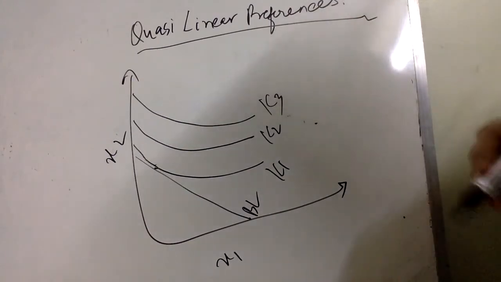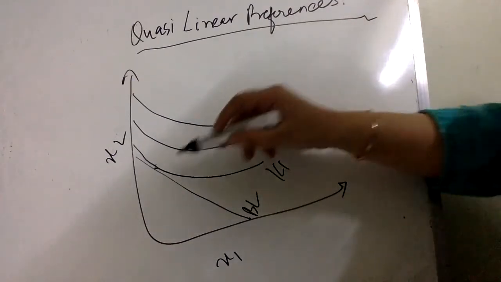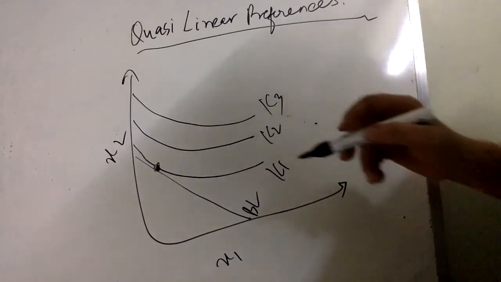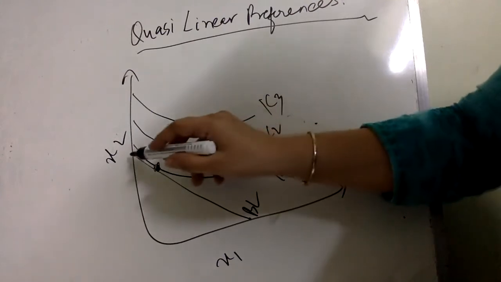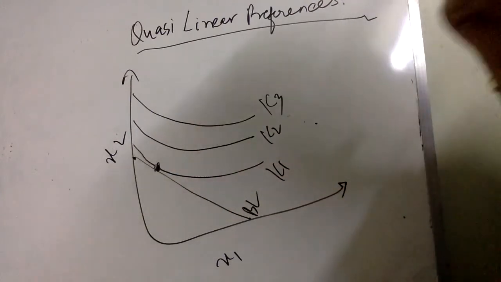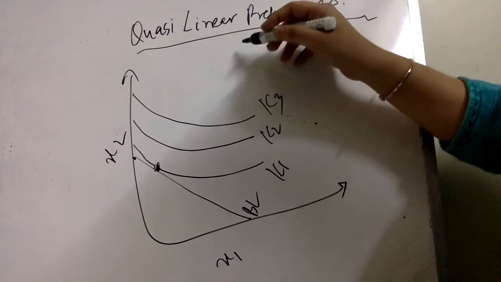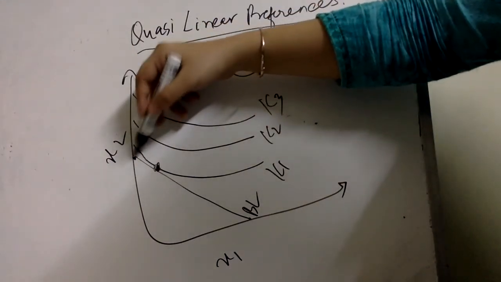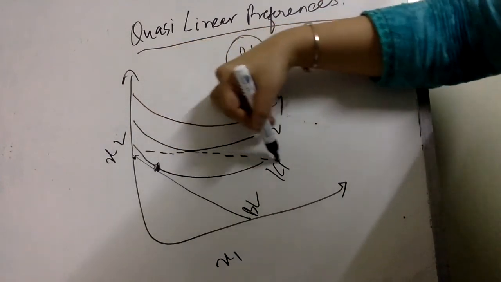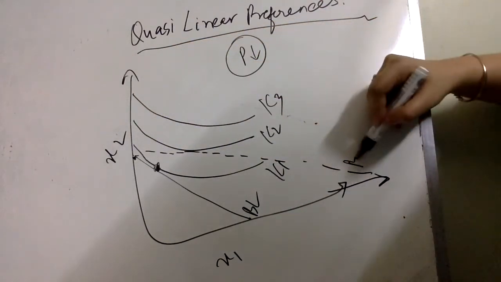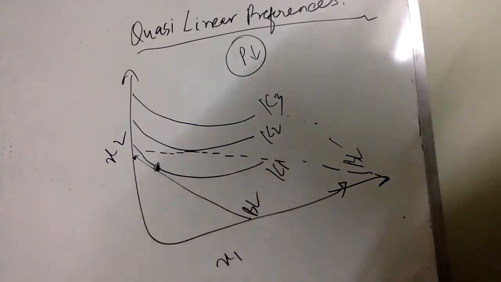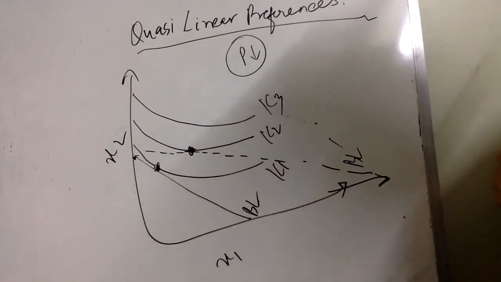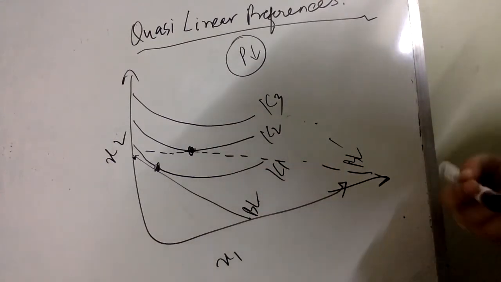If this was my original choice of optimum, and I change my income, first let's assume that price falls, as a result of which my original point is this and my budget line moves to a point like this. This is my new budget line, BL prime. This was the initial budget line. Now can I say the optimality is lying here, right?